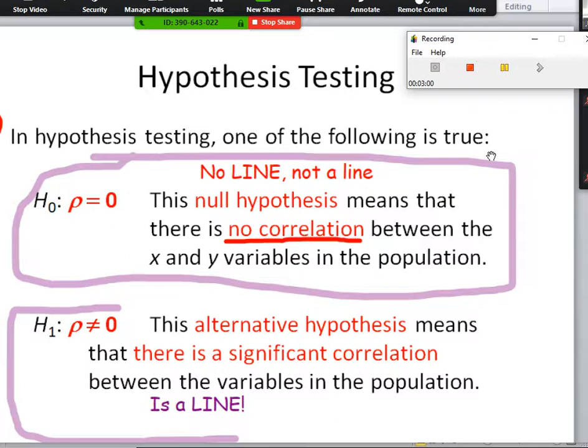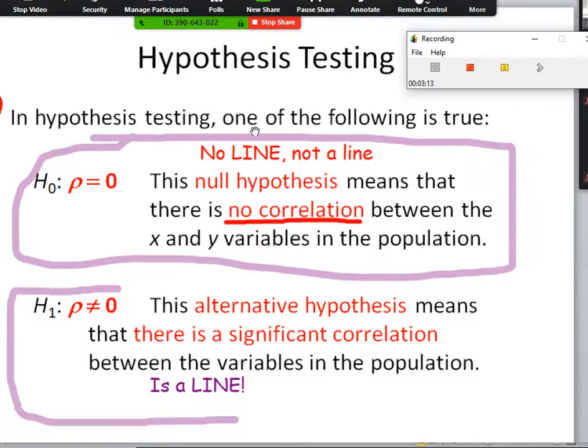Okay. So here's the hypothesis testing. Step 1, so again, the same 5 steps we have all along. You're going to state your hypotheses. For this one, it's always going to be equals. Because remember, H naught is always equals. In this case, rho equals 0. H naught is also always going to be no, right?